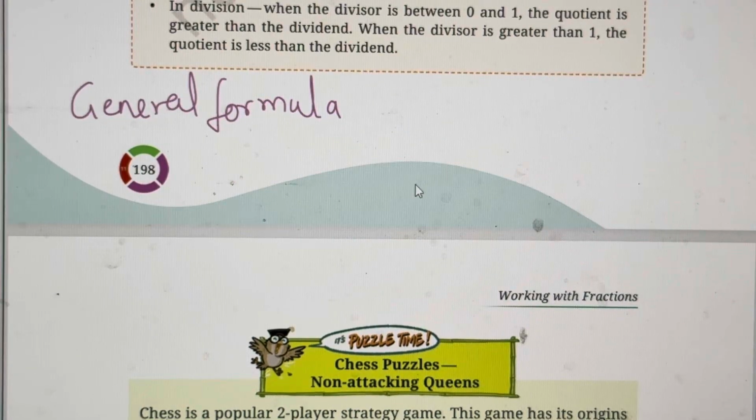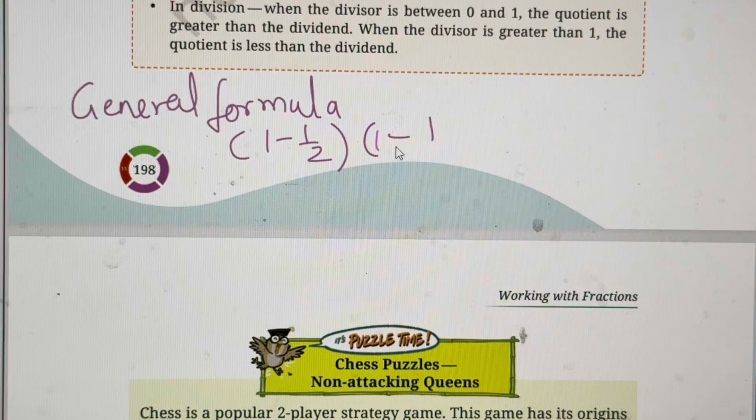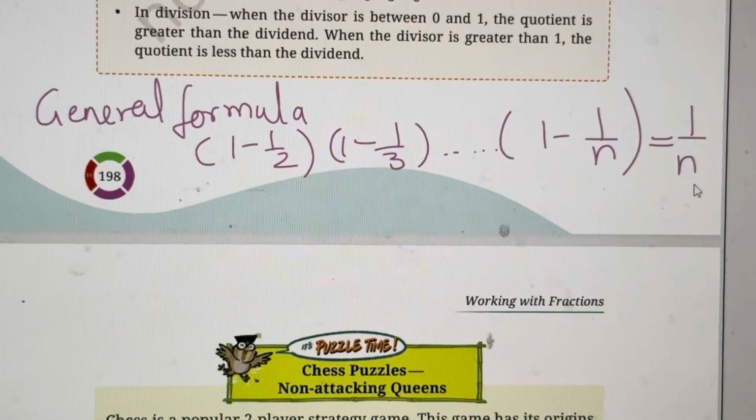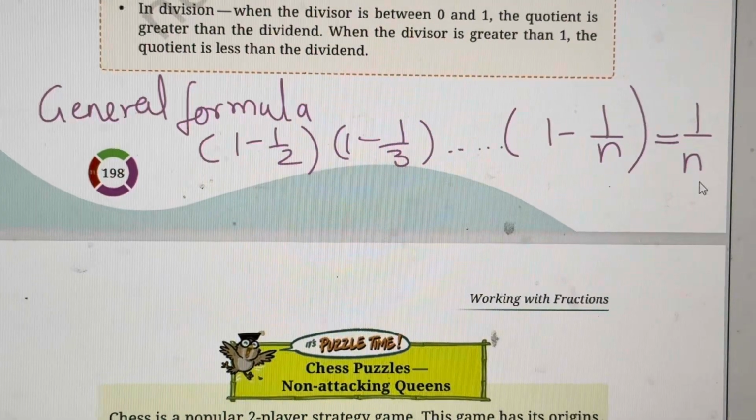Whatever fractional numbers you are subtracting, like 1 minus 1 upon 2, 1 minus 1 upon 3, till 1 minus 1 upon n, whatever is the last fractional number, that's your answer. 1 upon n will be your answer. So without doing any calculation, if you understand the pattern, you can solve this.